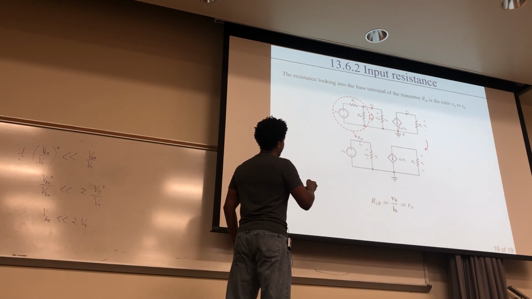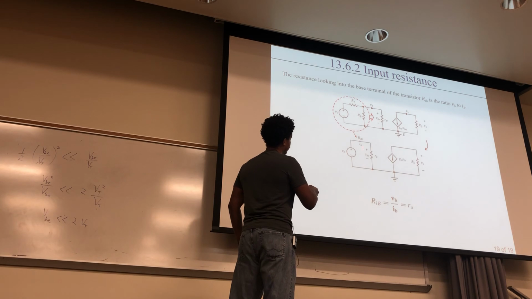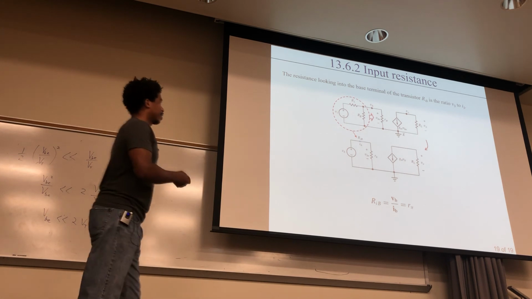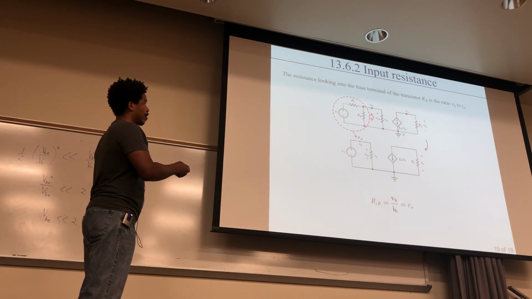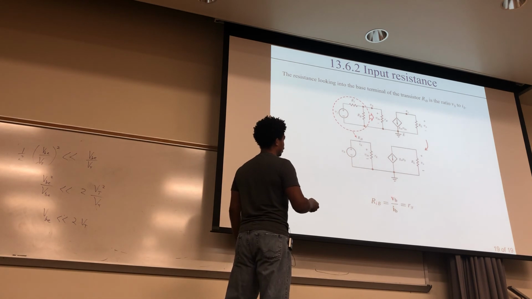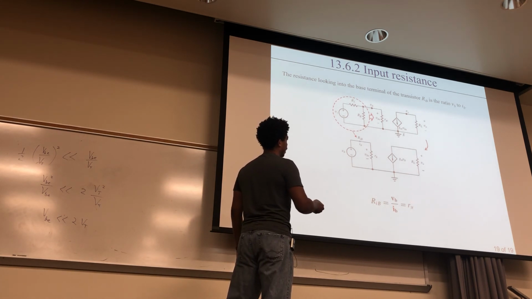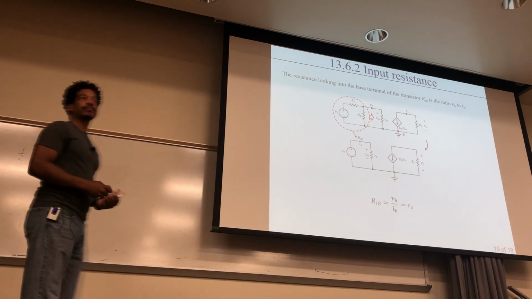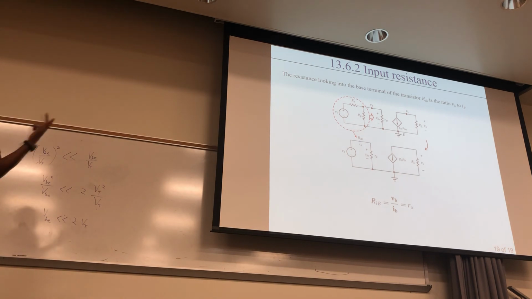So you do have current going around this direction, right? And the current that's coming out of there is the same as the current that's going through this resistor, going through a voltage drop of VB, right? So that's what this is right here. This IB is this current. And so this current going through that resistor is the same as the current coming out of all of here, right? So then you could just say your input resistance is just your VB over IB, and that's the same thing as your R pi, that resistor there. Okay. So anyways, that's the input resistance.